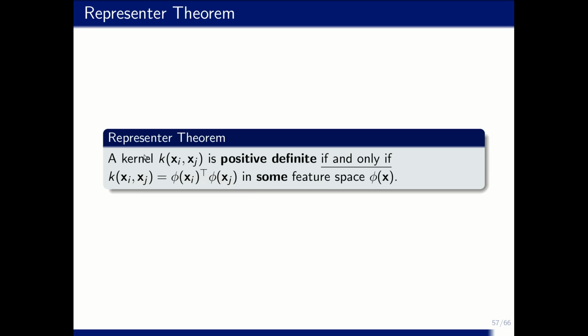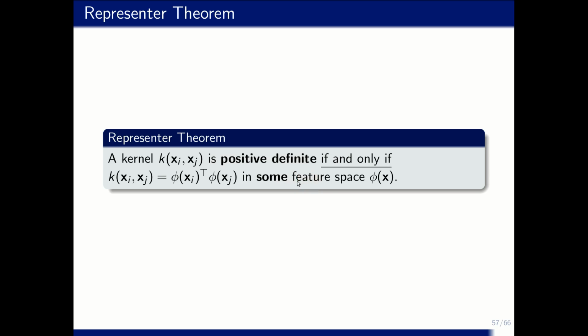This means if you give me a positive definite kernel, I can guarantee you that there is some feature space out there where this kernel just corresponds to the inner product in this feature space. And vice versa, if you give me a feature space, then I can guarantee you that this inner product in the feature space corresponds to a positive definite kernel. So this shows a very tight connection between positive definite kernels and feature spaces.